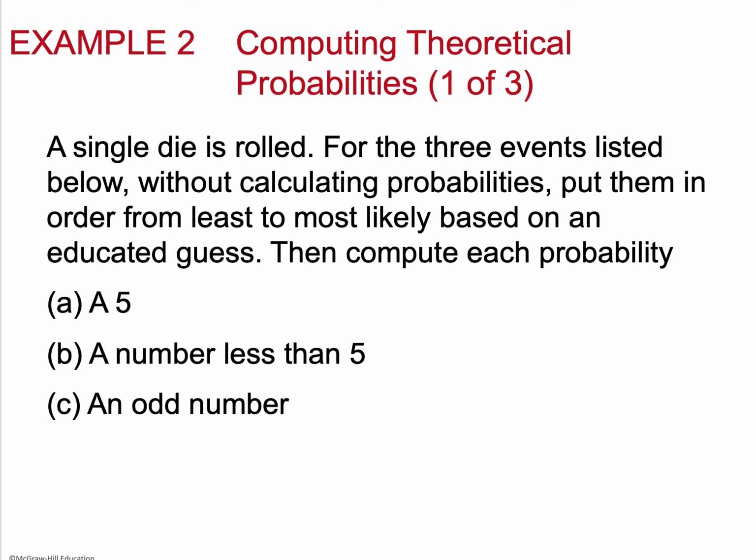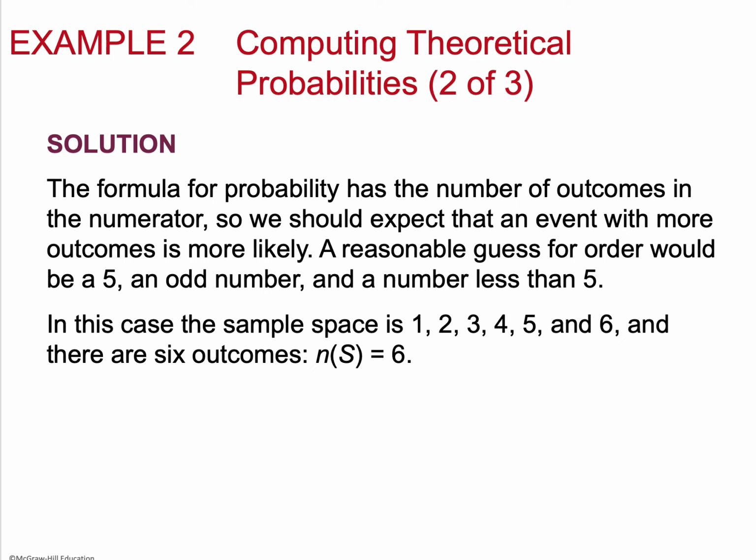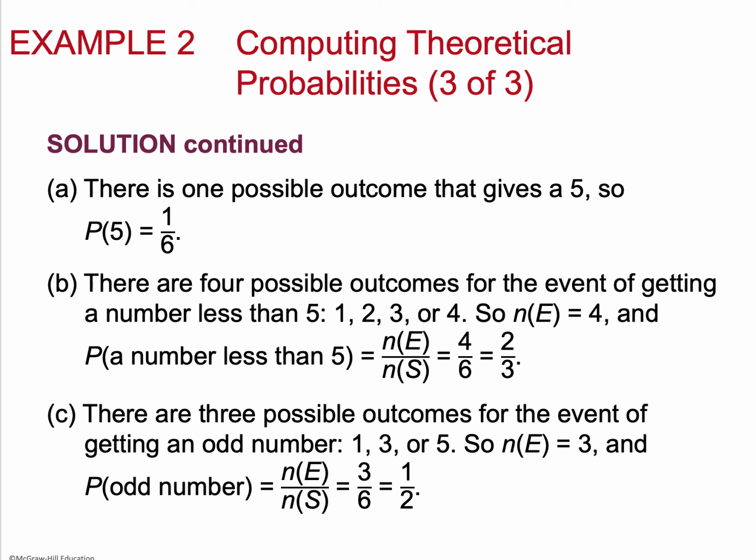If I want a number less than 5, then 1, 2, 3, and 4 are all less than 5. So that's 4 ways I can roll a number less than 5. That gives me 4 divided by the 6 total options, which reduces to 2/3.